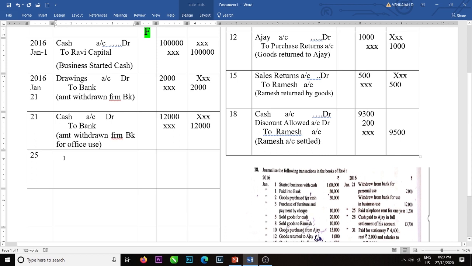Pay telephone rent for 1 year. Telephone rent is an expense. Telephone rent account debit. We pay cash to the cash account. Amount is 1,200.